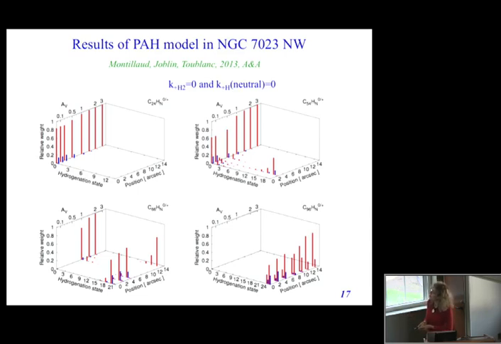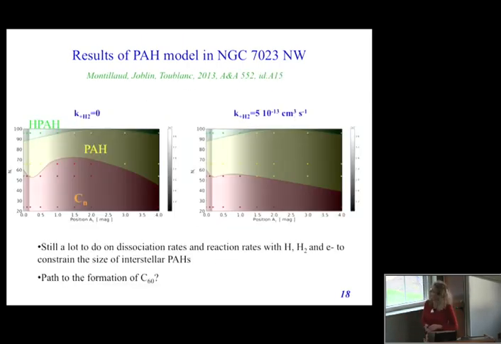But what was a surprise to me is that you don't expect so many partially dehydrogenated species. Either you are fully or superhydrogenated, or you are completely dehydrogenated. So that was a bit surprising in a sense. Well, this is the result of the model, but certainly we have to learn from such a model.